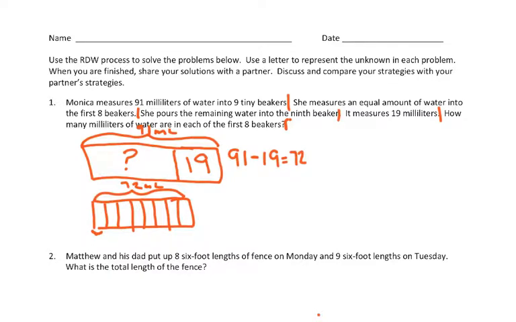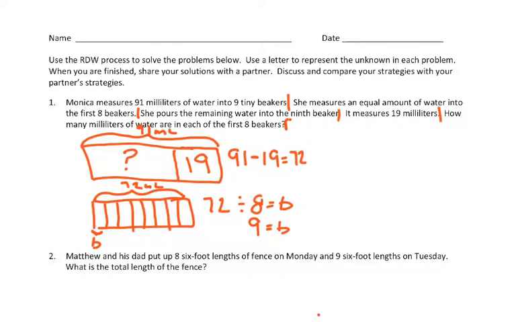So let's call it B for beaker. To figure out how much water is in each of these beakers, we know that there's 72 milliliters total. We can do 72 divided by 8, because 72 is the total amount of water and 8 is the total number of beakers, equals B, and 9 would equal B.